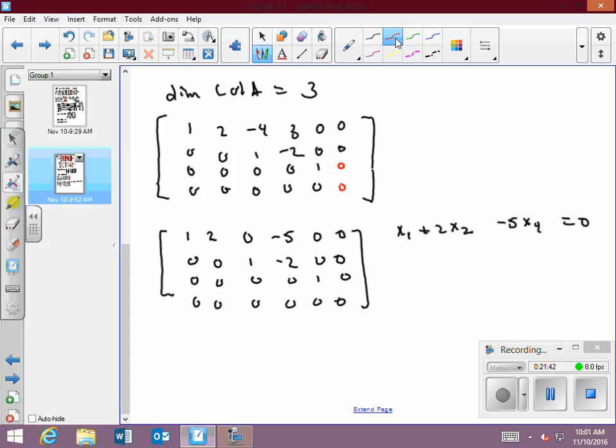So this is my augmented thing, so these 0 values are there. Then my second row says x3 minus 2x4 equals 0. And my third one says x5 equals 0.